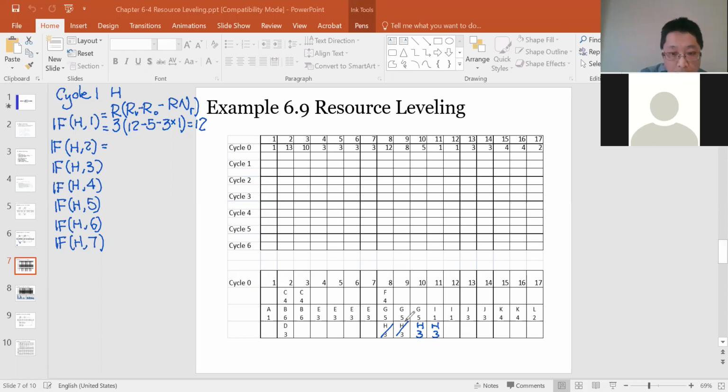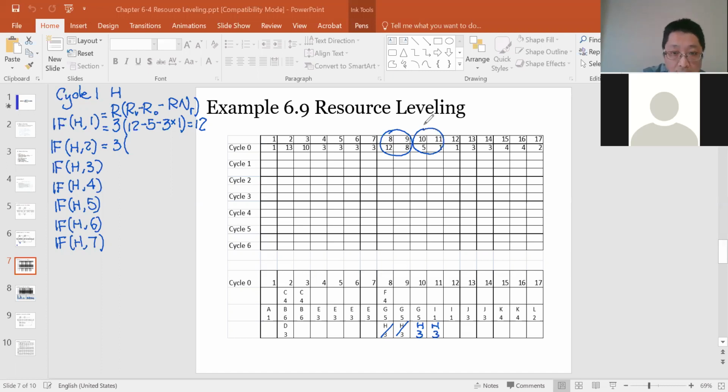From 8 and 9 it occupies 10 and 11. So R is the same as before. This time I vacated 2 days, 8 and 9 over here. Those are the days I vacated, and those are the days I occupied.